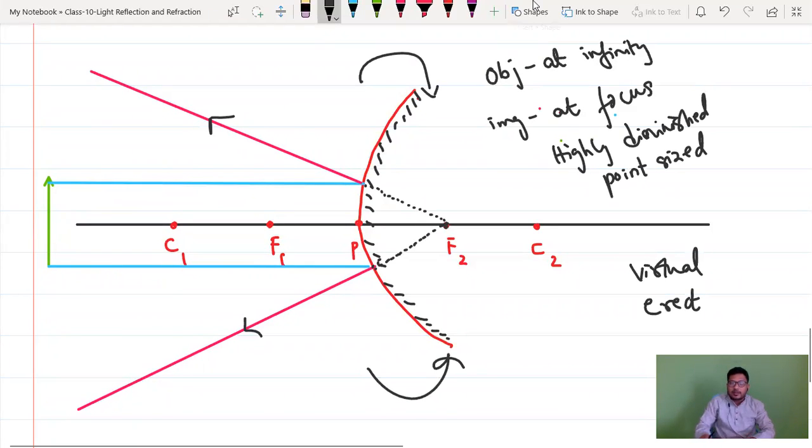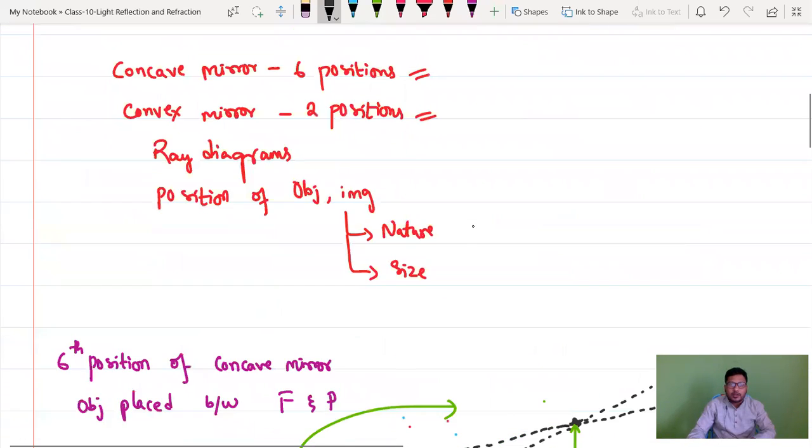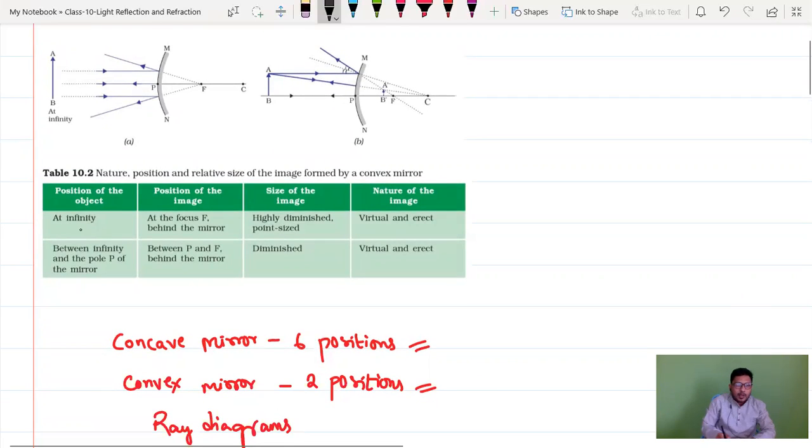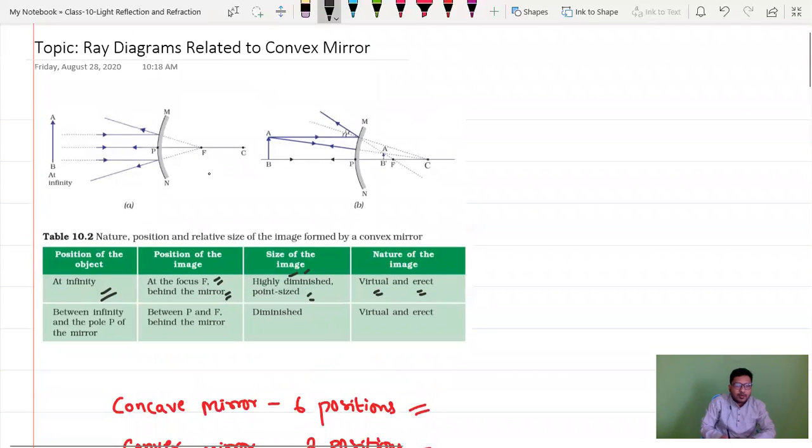Simple. So when the object is placed at infinity, the image is formed at focus, highly diminished, point sized, virtual, erect. You can see the table here. This is the diagram which we have seen now.